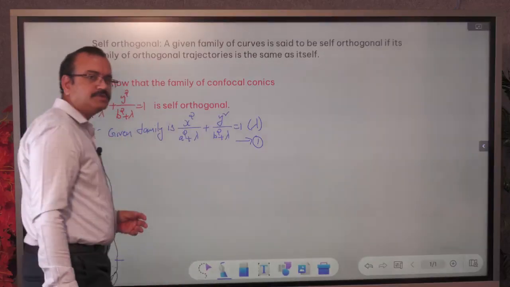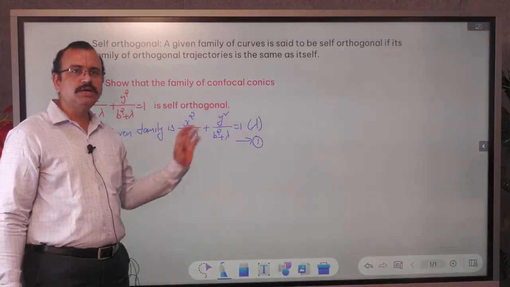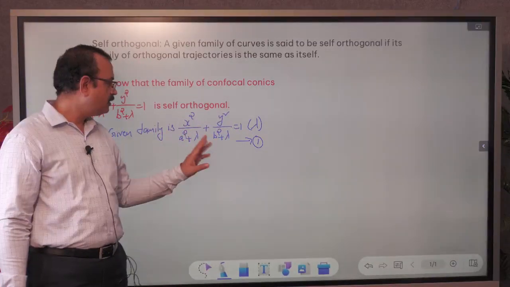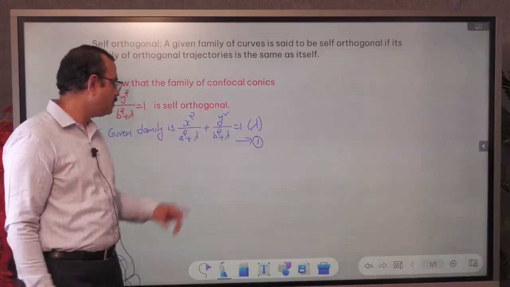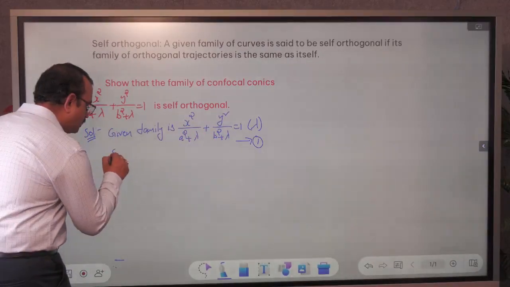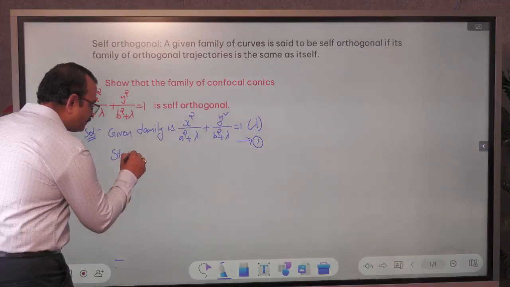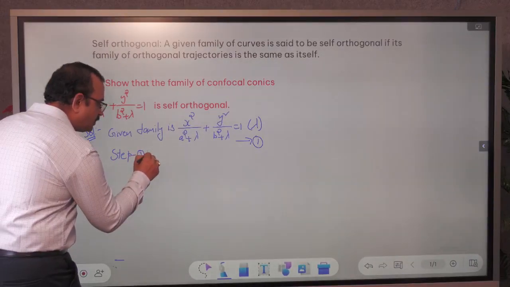Here we have to observe that lambda is the arbitrary constant and a and b are only constants, so we have only one arbitrary constant.